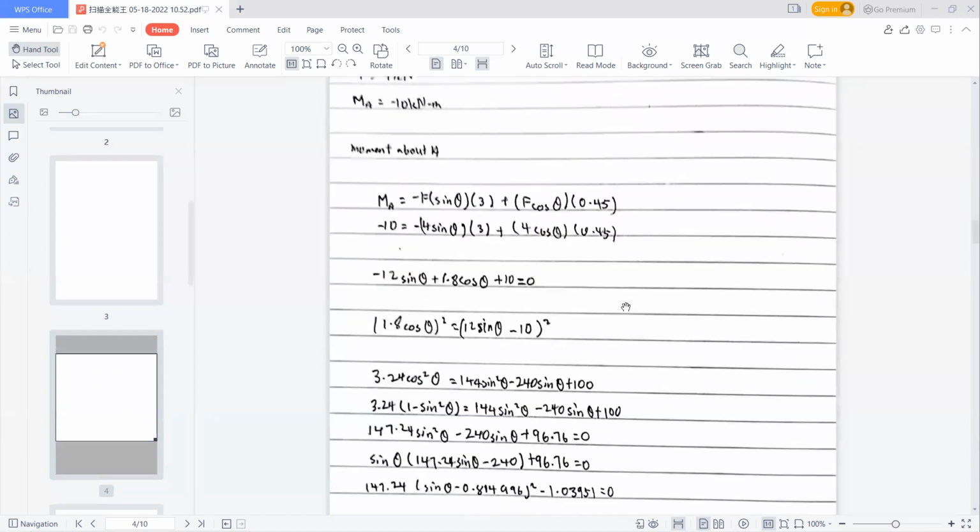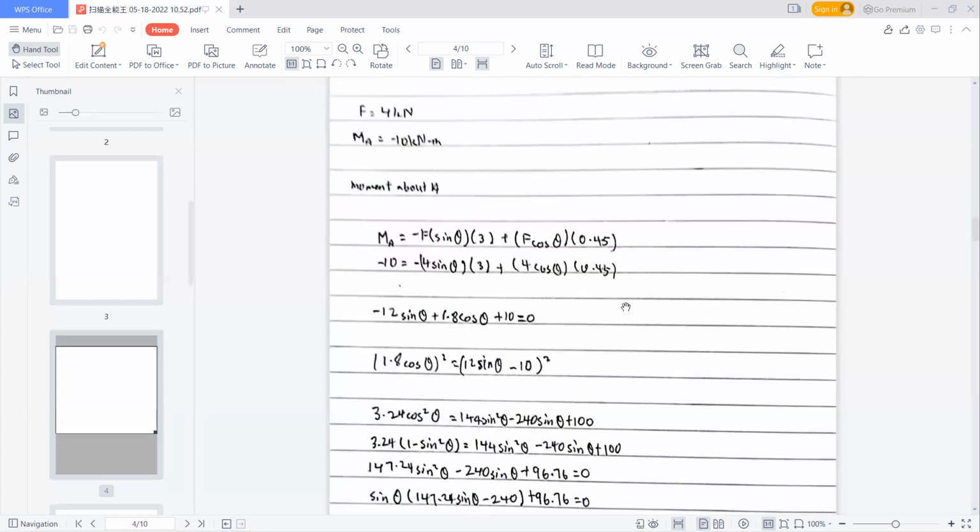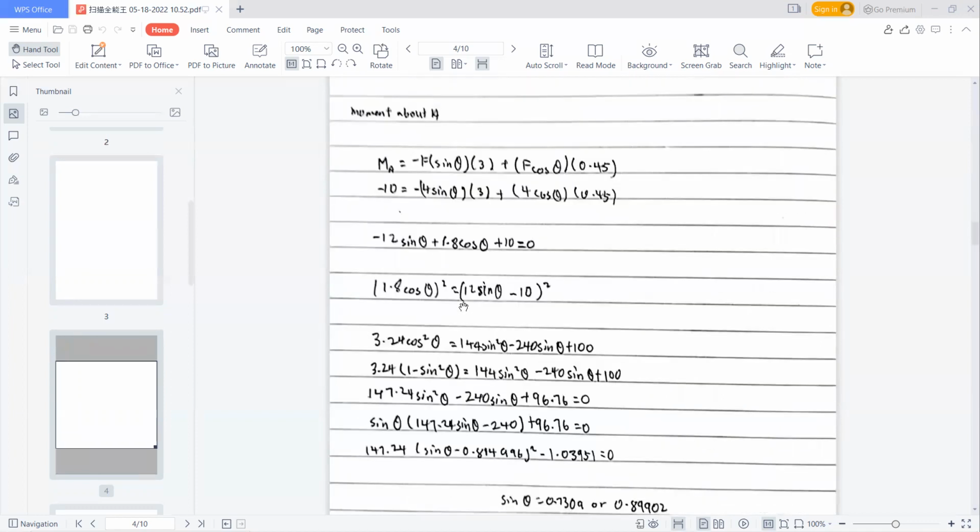We will use the equation negative F sine theta times 3, as the question gives the value of 3, and F cos theta times 0.45. As we know the moment about A is negative 10, so we substitute the negative 10 and all the values, the force, into the equation, and we get negative 12 sine theta plus 1.8 cos theta plus 10 equal to 0.